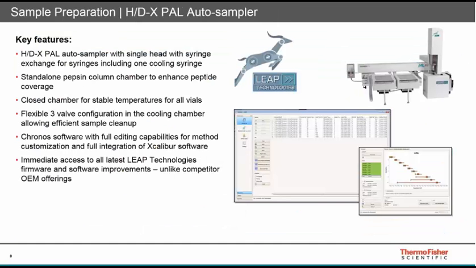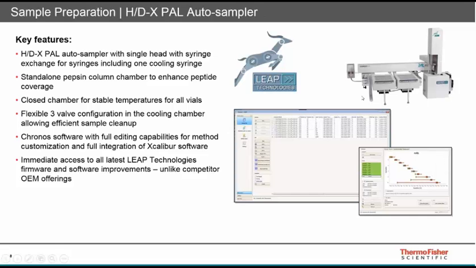All sample handling to create the labeling time curve is performed with the Leap HDX autosampler. It has a single head. It's using syringe exchange for different syringes, one of which is actually cooled. The sample vials are provided in these 2 separated trays.